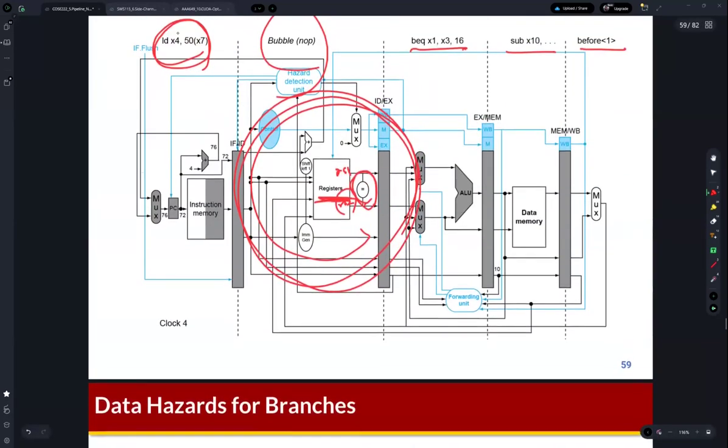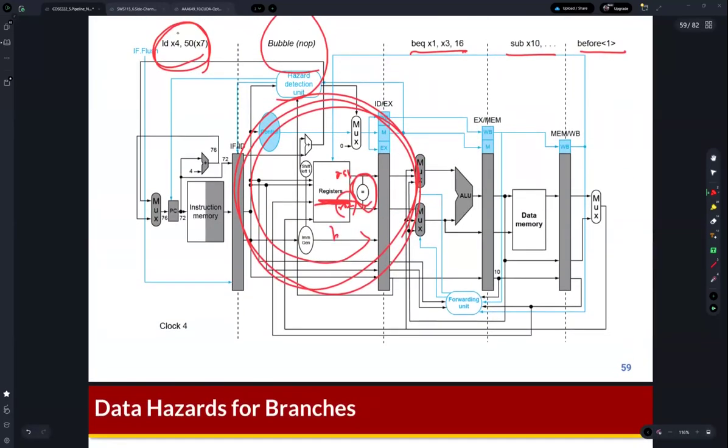But BQ just uses the data from the register file, right? So this BQ cannot use the data forwarding, right?